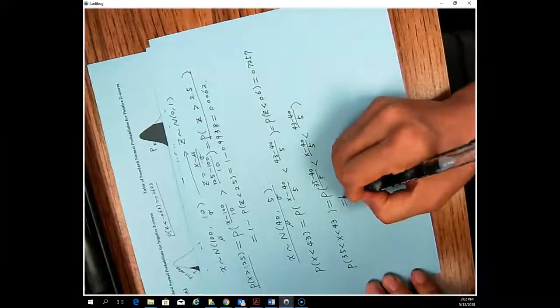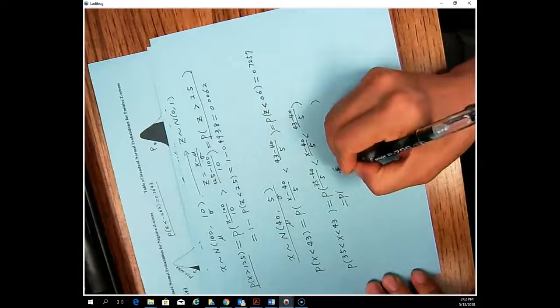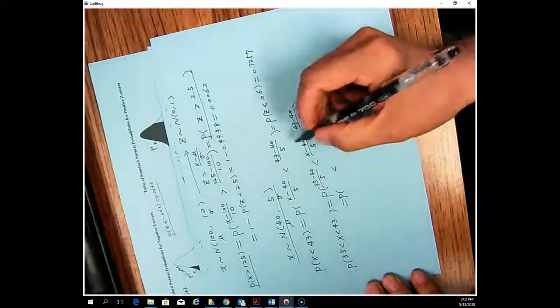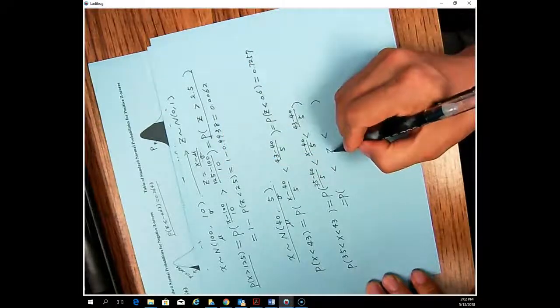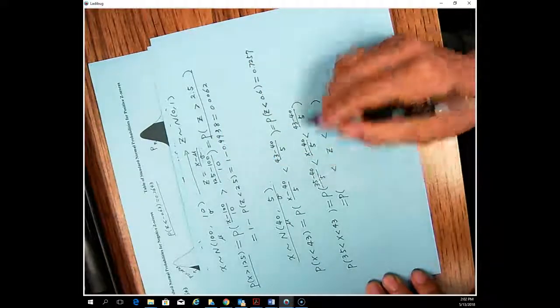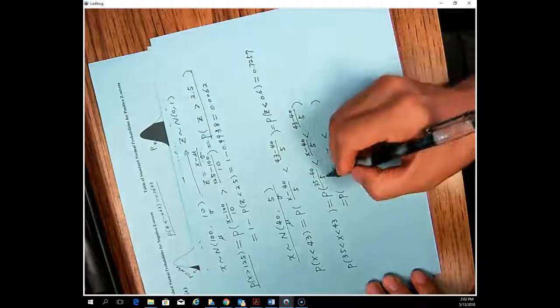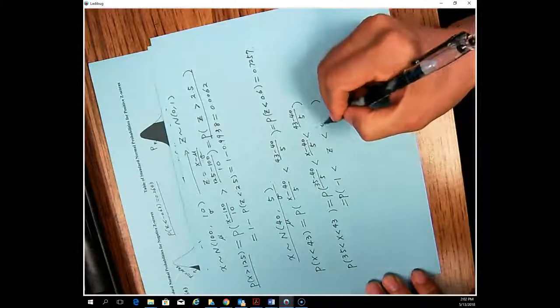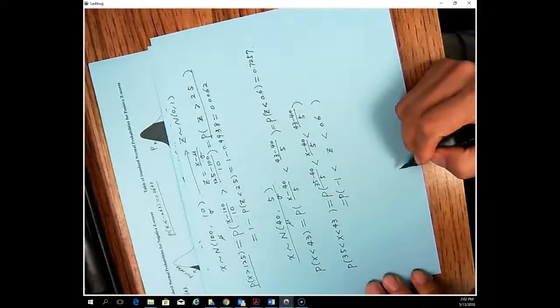So this will become the probability of, keep the sign as is, the middle part will be x minus mu divided by sigma, that's our z. On both sides, we can calculate the z-score. So here, we got -1. Here, we got positive 0.6.